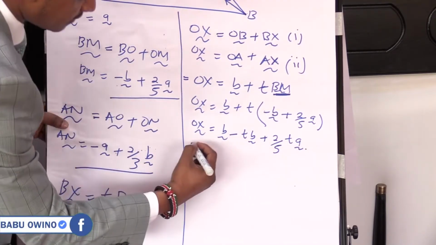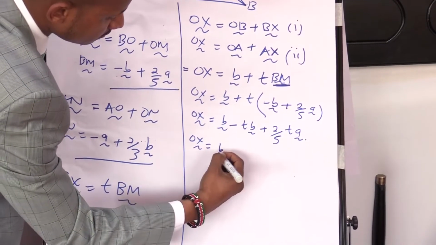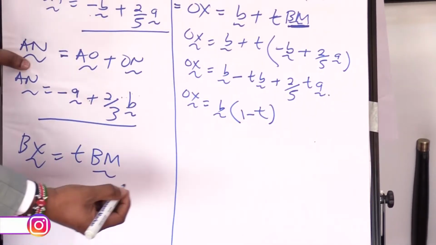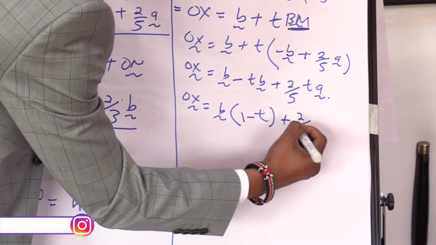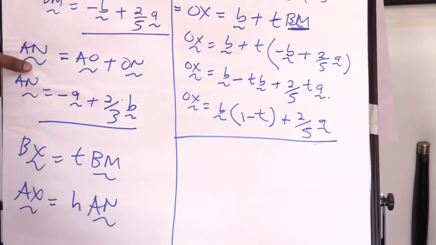Further simplifying, OX equals, common factor here is B into 1 minus T, plus 2 over 5 of A. That is one value for OX.